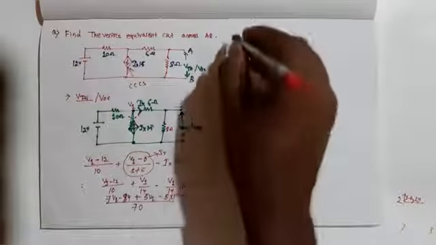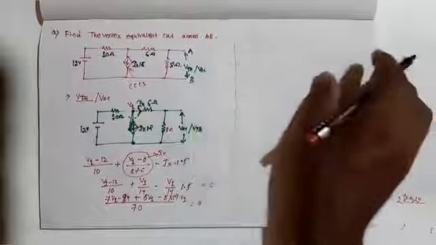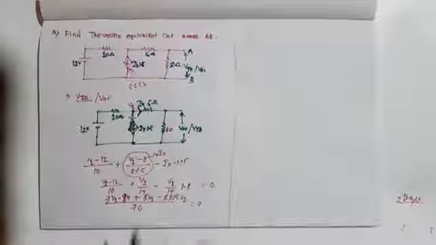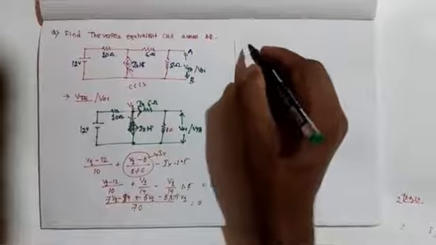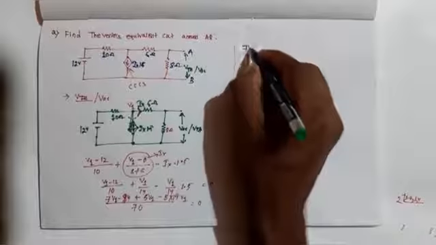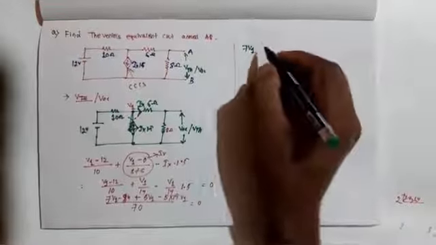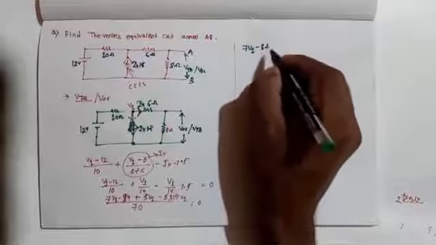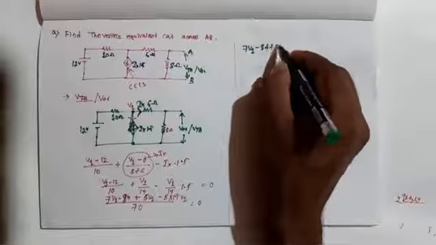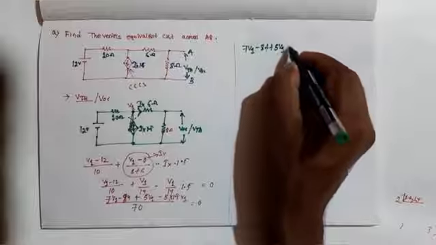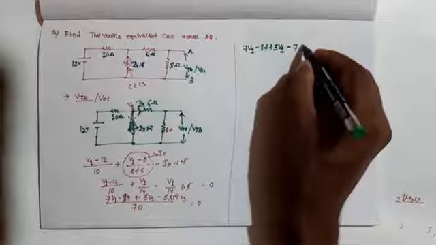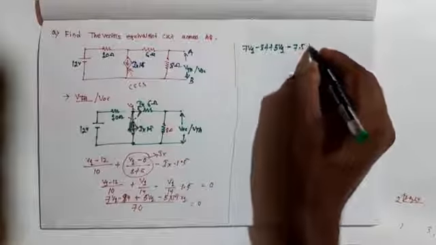After simplifying this, this is 7 V1 minus 84 plus 5 V1 minus 7.5 V1 is equal to 0.